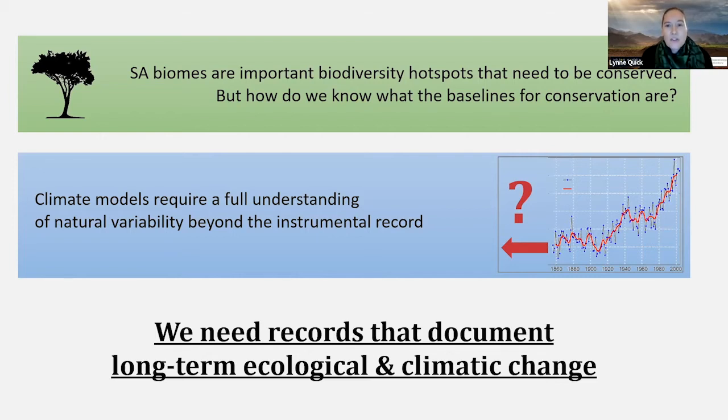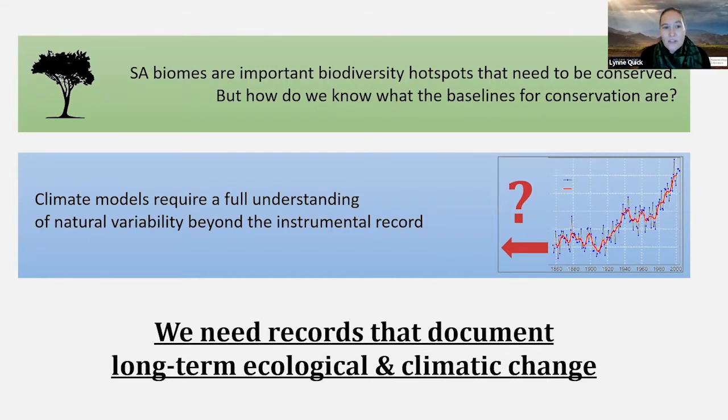But in terms of looking for long-term baselines for conservation management, we need to have an idea of what those baselines are beyond our recorded history and the knowledge that we have over the last decades. And from a climatic perspective, we need a full understanding of the natural variability of climate systems to enable climate models to predict present and future climate as accurately as possible.